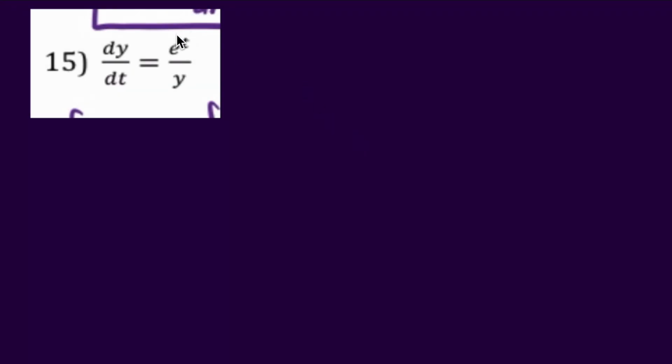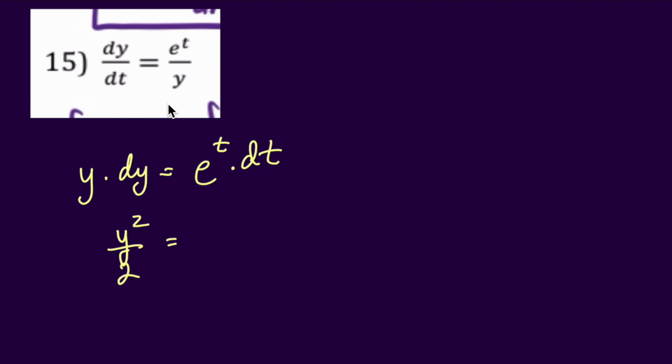Next, we have dy on the top, so we're going to try to solve for y. Let's cross multiply here. So we're going to have y times dy equals e to the t times dt. We're going to integrate both sides. On the left, we're going to have y squared over 2. On the right, we're just going to have e to the t plus c.